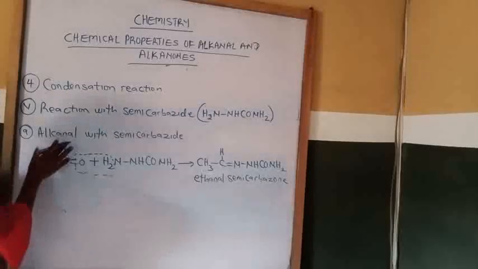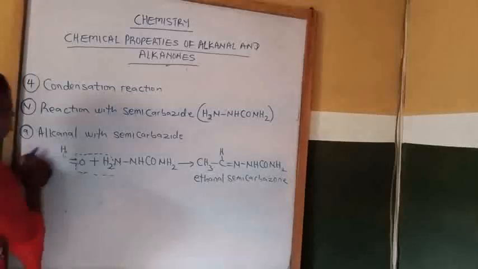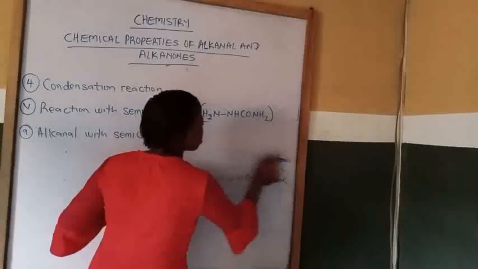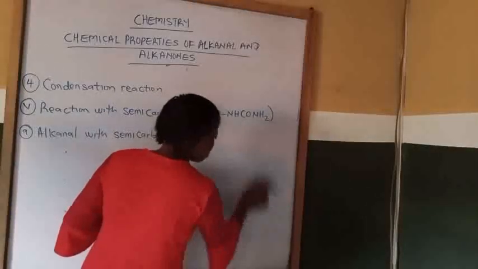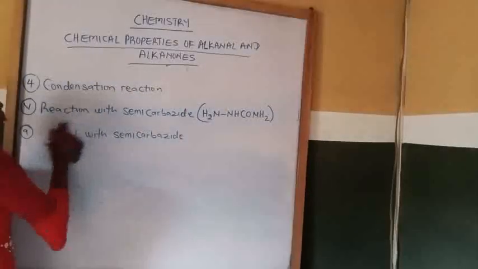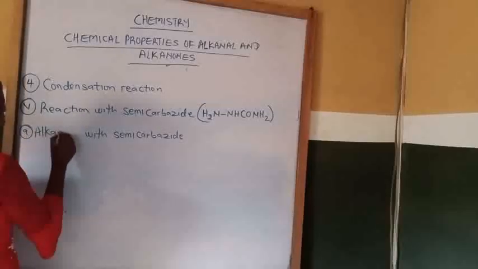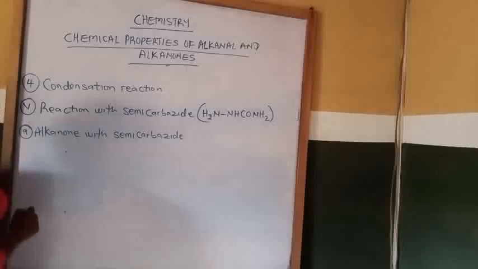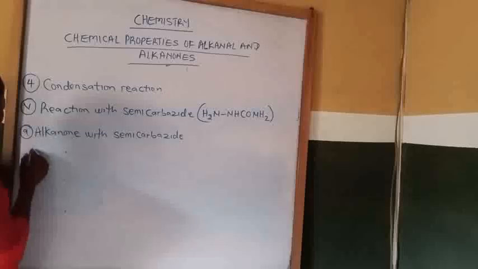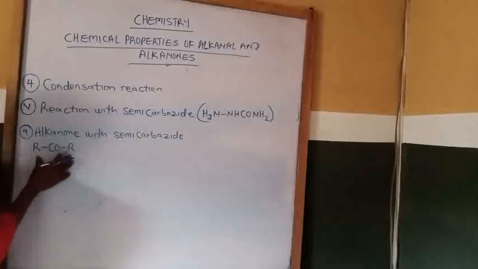So lastly, let's take the reaction between alkanone and semicarbazide. So the general formula for alkanone is RCOR. So let's take a named alkanone.